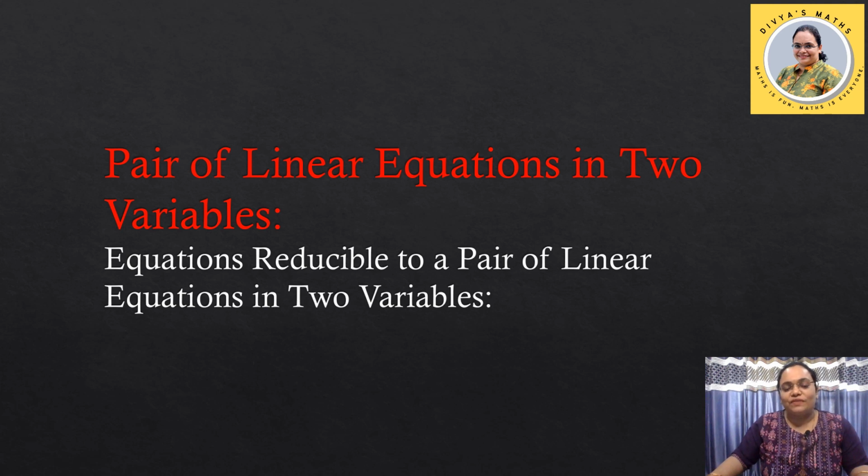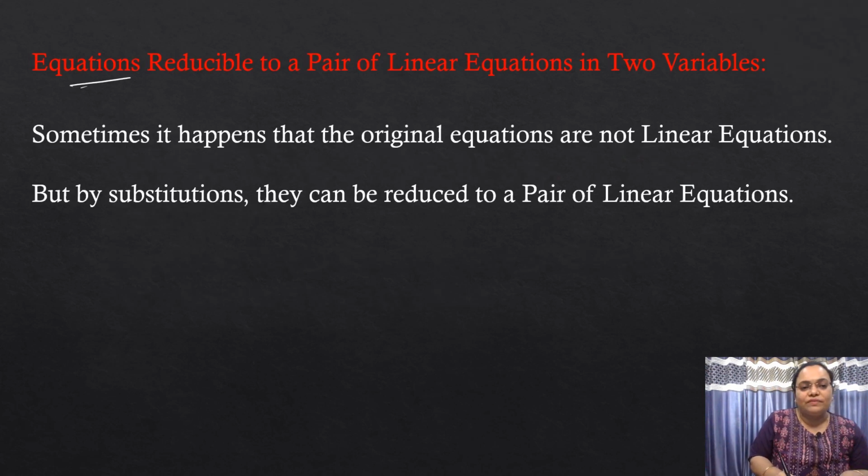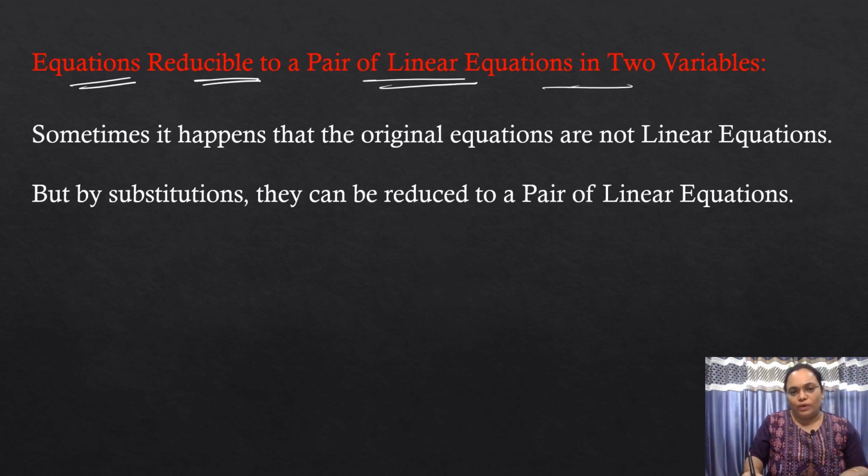In this video, we will discuss equations reducible to a pair of linear equations in two variables. Today, we will discuss equation reducible to a pair of linear equations in two variables. Sometimes the equations given to you might not be linear equations.